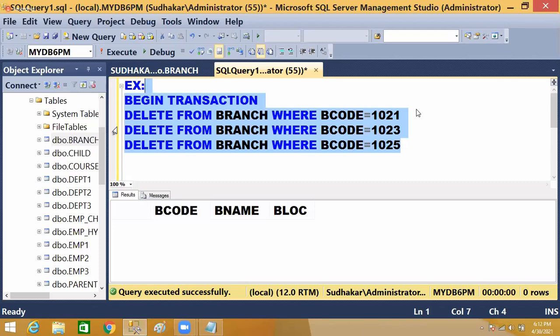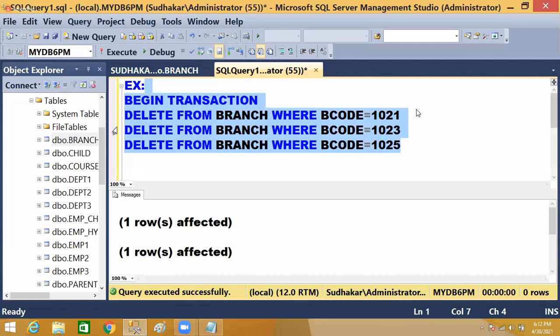Okay, right. So now I executed this one. Whenever I executed this, as usual, the 3 rows are deleted from your table, guys.